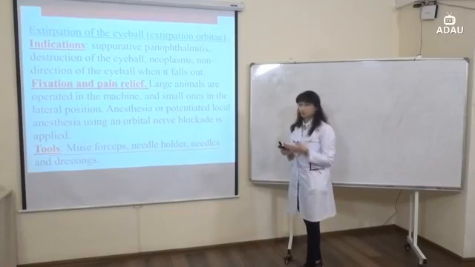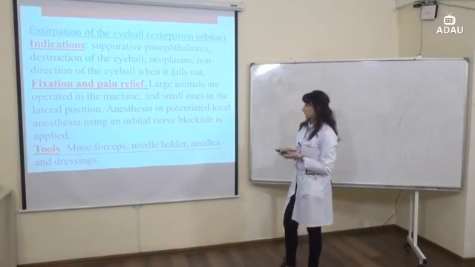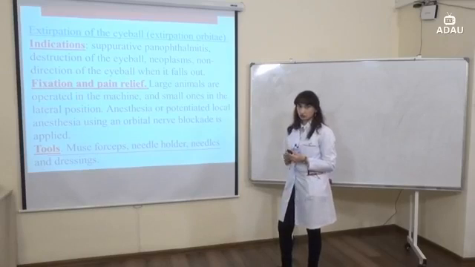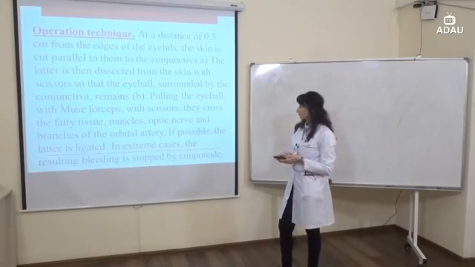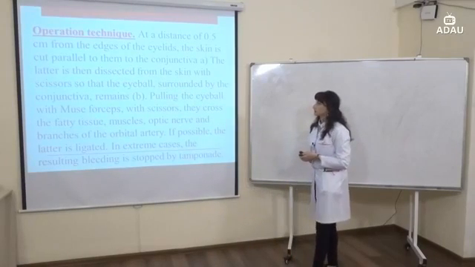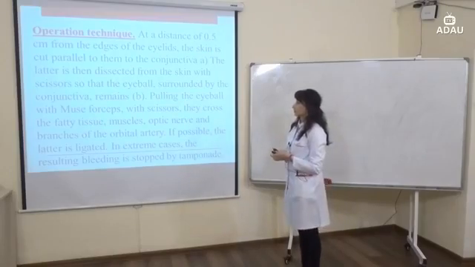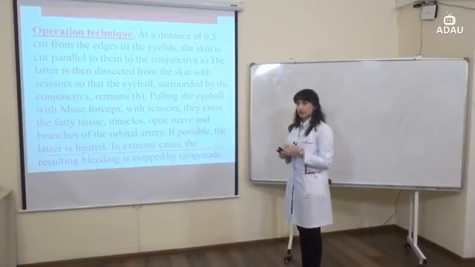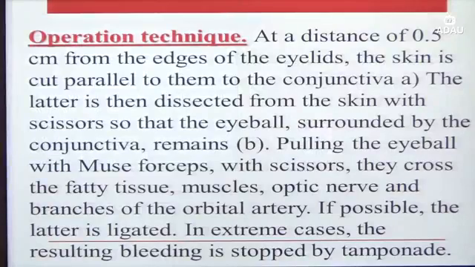And which tools do we use during this operation? We use Mövzu forceps, needle holders, needle, dressings, and some tampons to stop bleeding. Operation technique: the distance from the edge of the eyelids should be 0.5 centimeters.